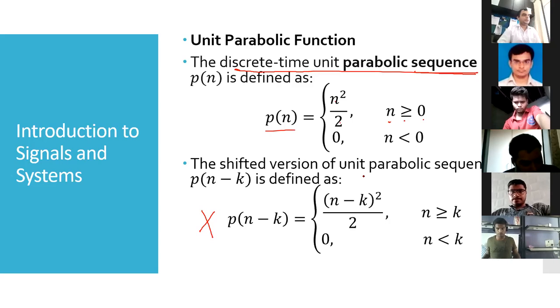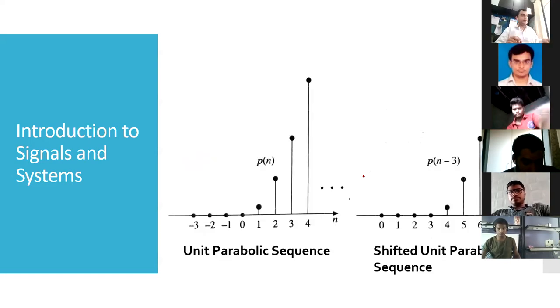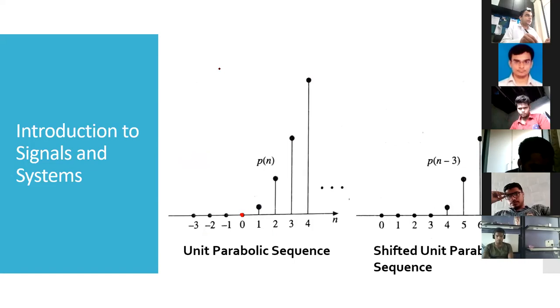So this is unit parabolic function sequence in discrete time. So look at that. See, for example, this is 0 at 0. Now n square by 2 is the generic function. For n less than 0, it is 0.